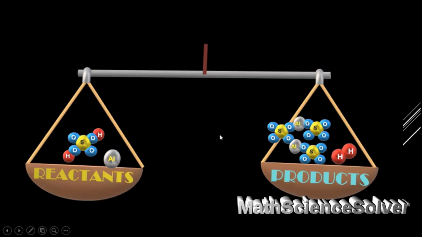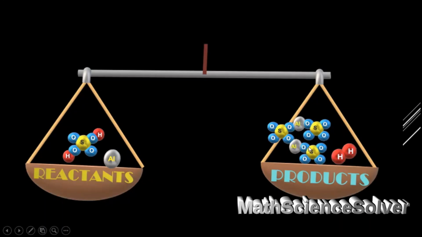On the product side, you take the compound which has more atoms in it. Here you can see aluminium sulfate has more atoms. So we'll try to balance those numbers on the reactant side. Here in the product we have 2 aluminiums, 3 sulfur and 12 oxygen atoms.